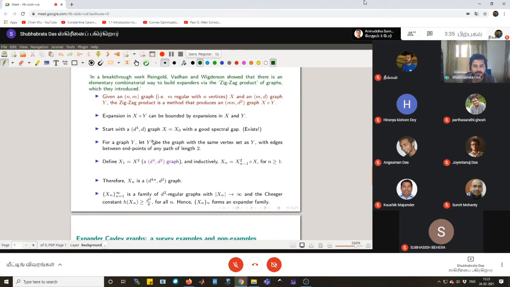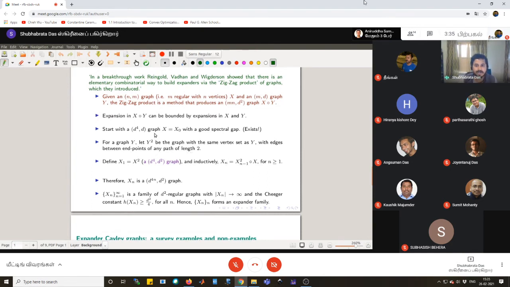That's what we call the square. The vertex set is of the same size, and the degree increases: the degree is squared.